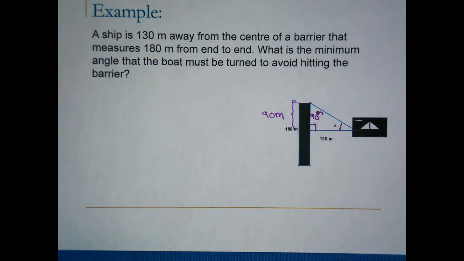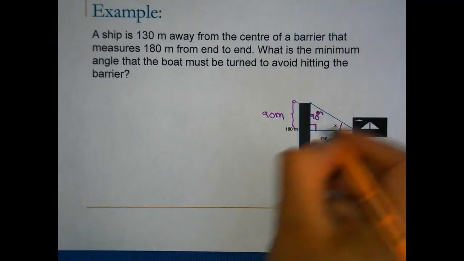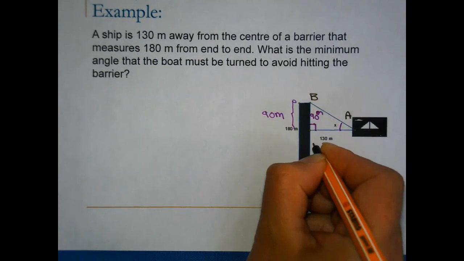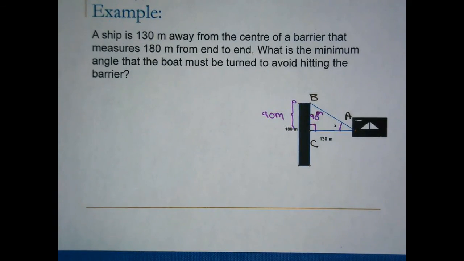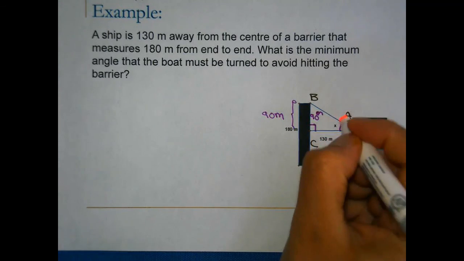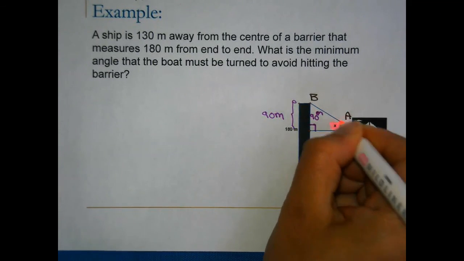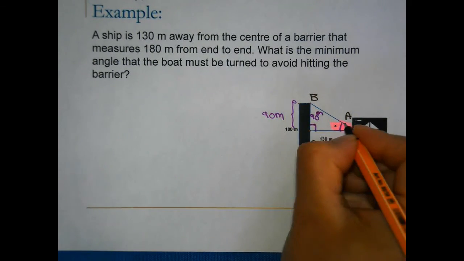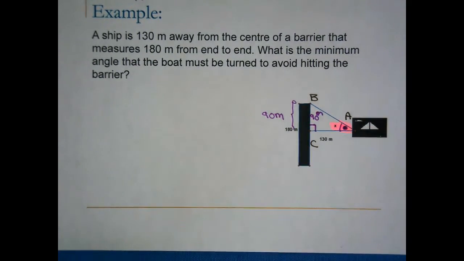Now, we are going to again label A, B, C, and this time we are looking for an unknown angle. This is the angle we're trying to find. I'm going to put it out here, and I am going to label the sides.